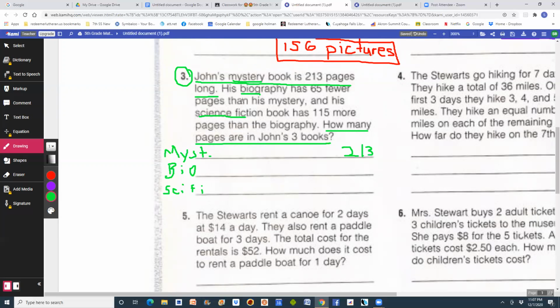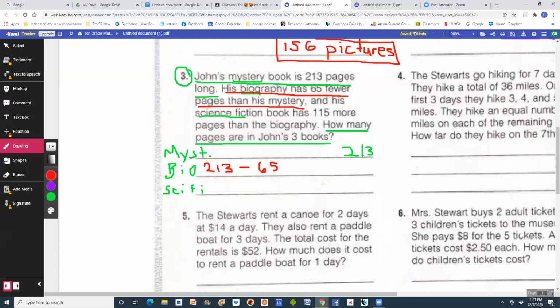Okay, so we took care of that. And then the biography has 65 fewer pages than the mystery. 65 fewer pages than the mystery. So the mystery was 213, and 65 fewer would be minus 65.